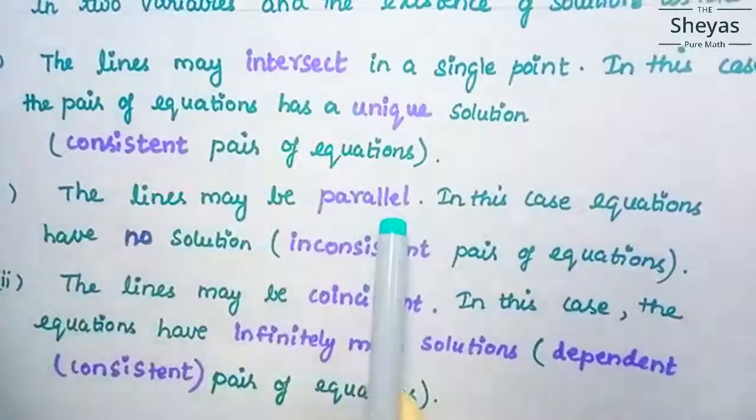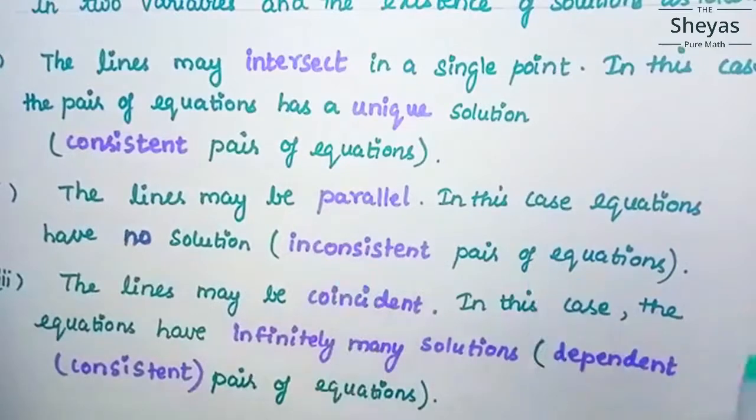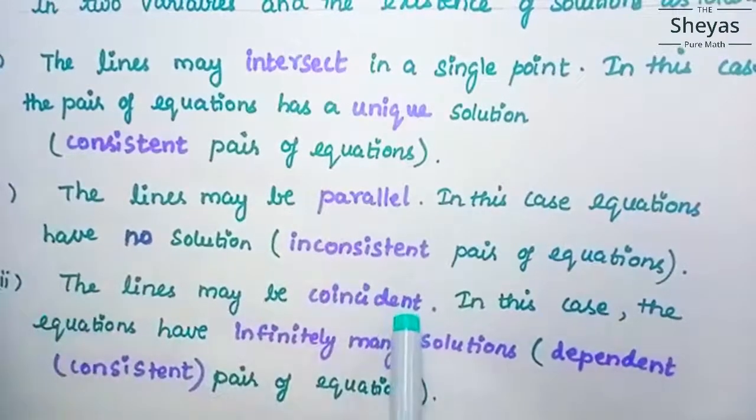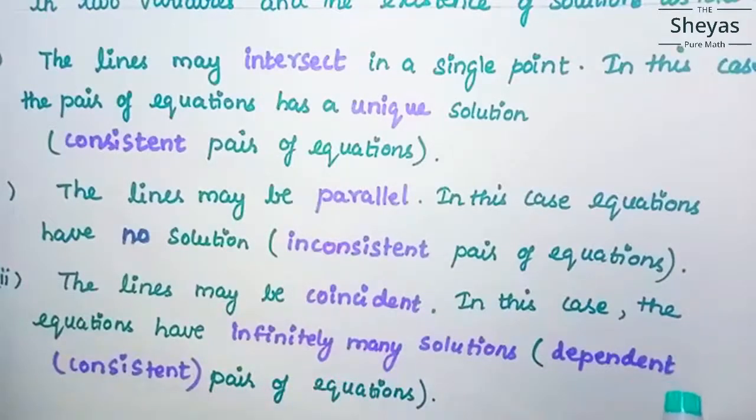If the lines are parallel, it has no solution and the pair is inconsistent. And if the lines are coincident, the pair of equations has infinitely many solutions and is dependent consistent. If you have any doubt, you can post it in the comment box.